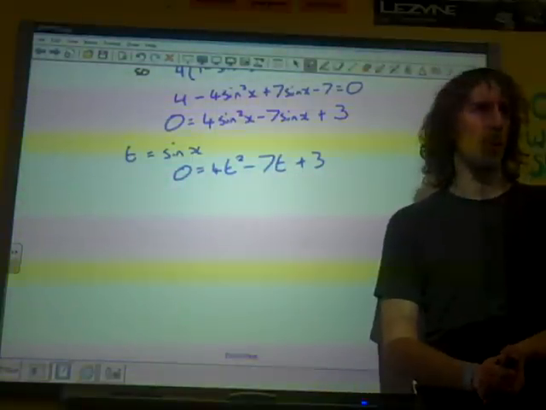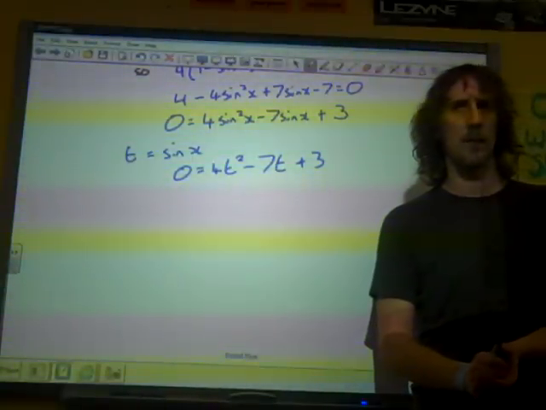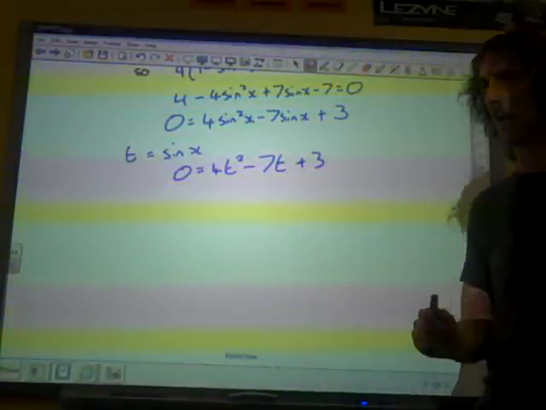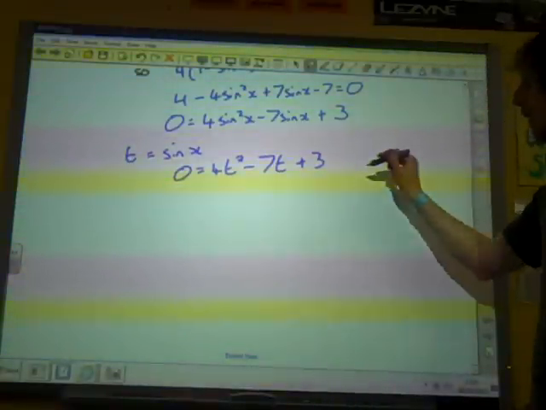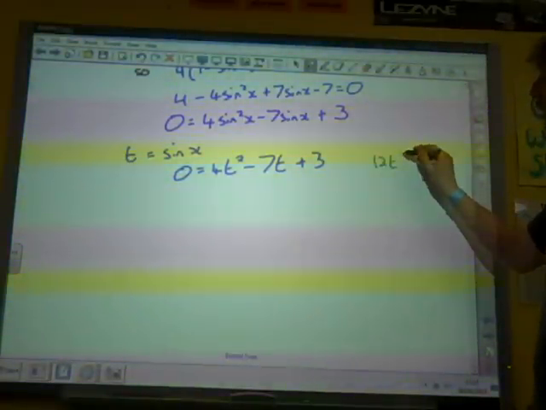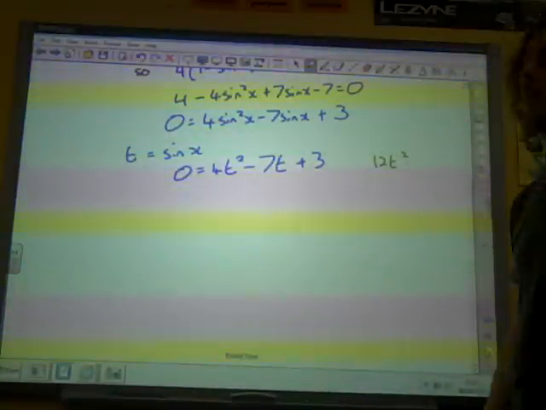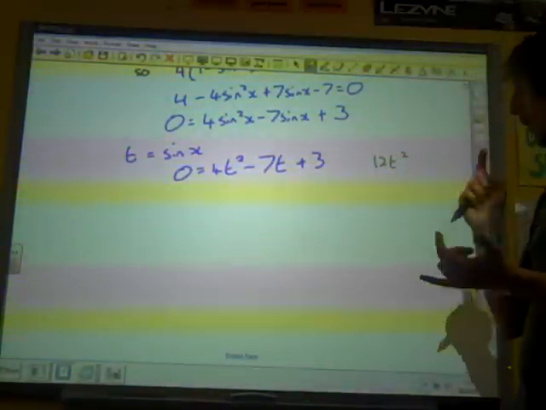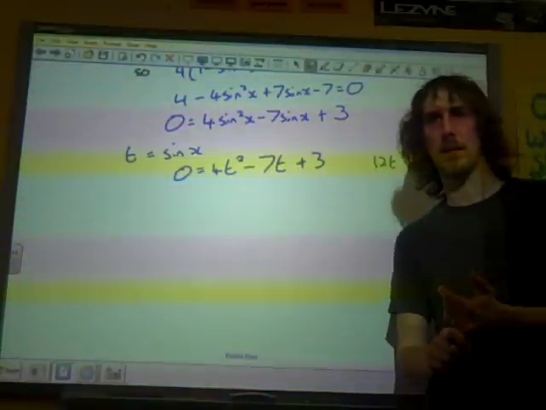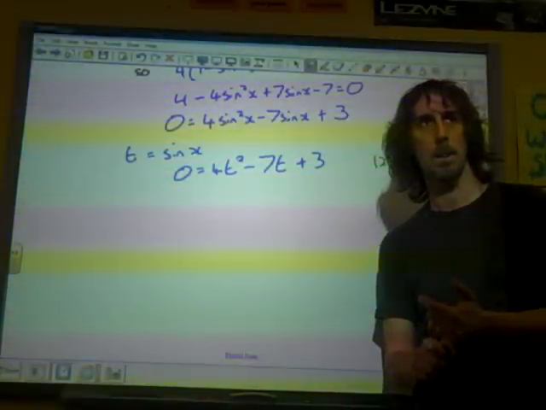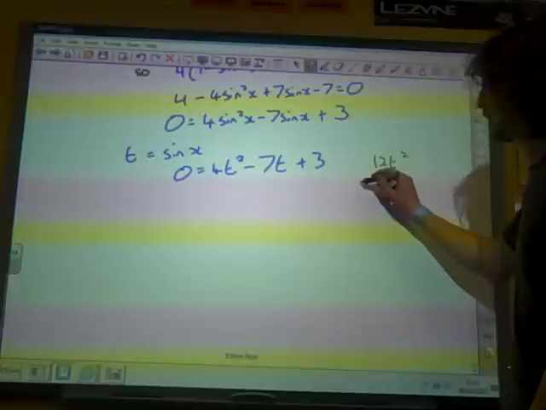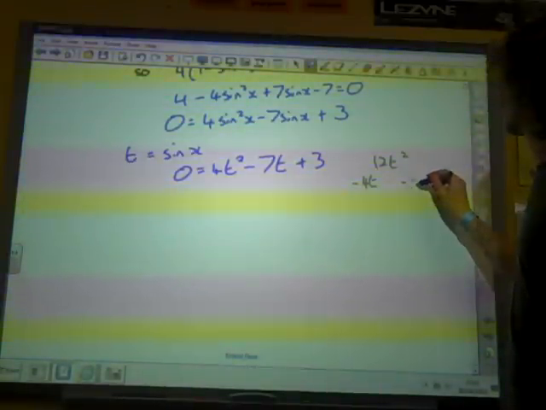We talked about this a bit this morning, about how we factorise these kind of equations. You maybe have your own way that you do this, but I might multiply the first and last terms together to get 12t squared. Can I think of 2 things that multiply to give 12 and add to give negative 7? 4 and 3, minus 4 and minus 3.